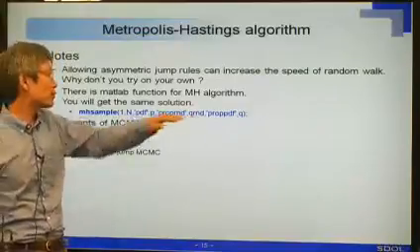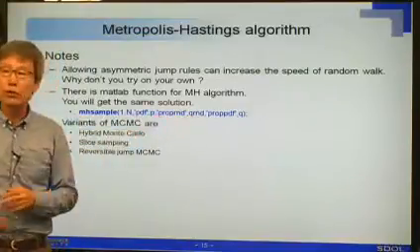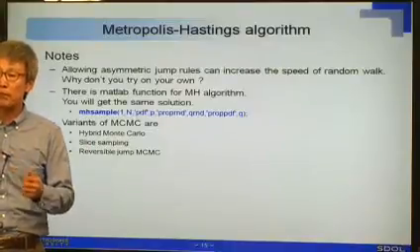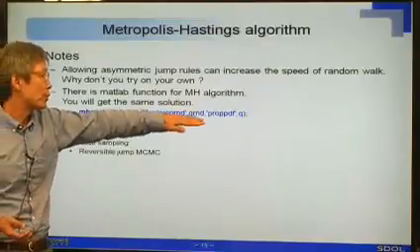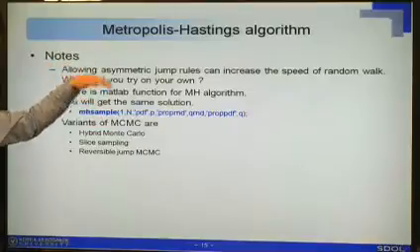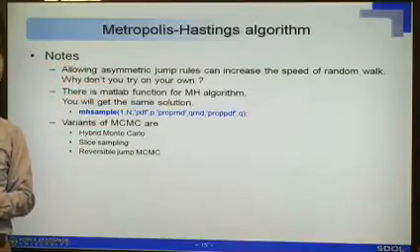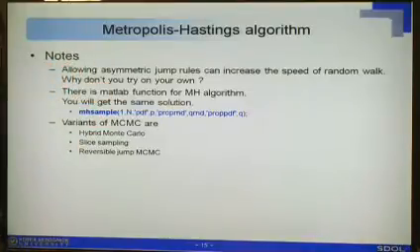And also you have to provide how to generate a random sample from Q. That should be included in this function. And there are many variations of this algorithm. At least I saw more than 20 algorithms as variations, and I don't do this in detail here.